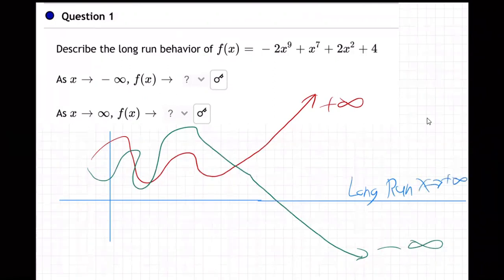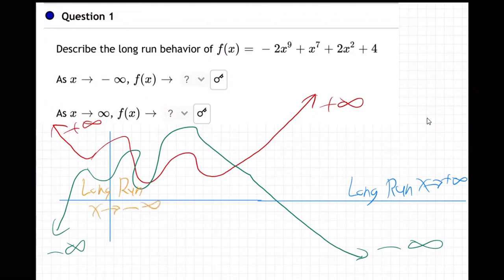And then in the other direction, maybe this graph goes up to positive infinity that way, or down to negative infinity that way. So this is the long run as x goes to negative infinity, that direction.